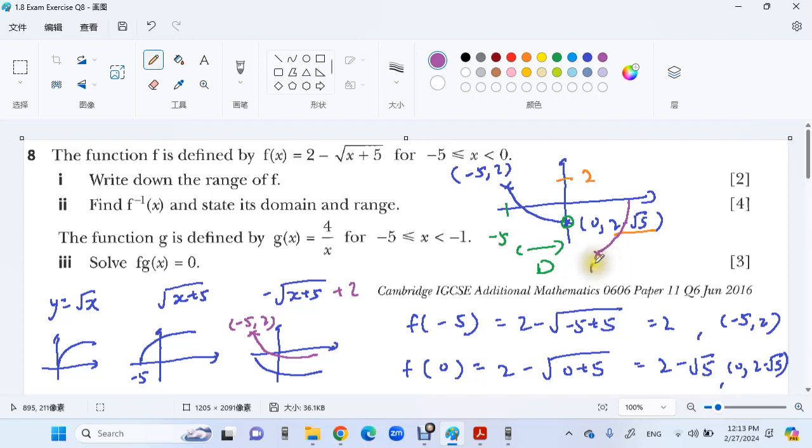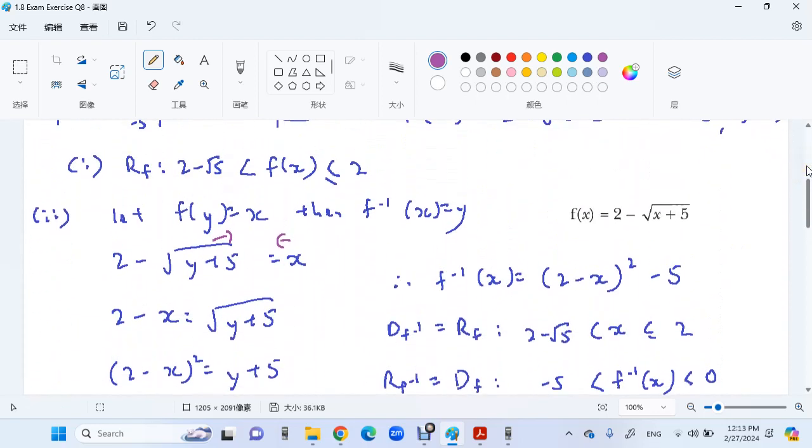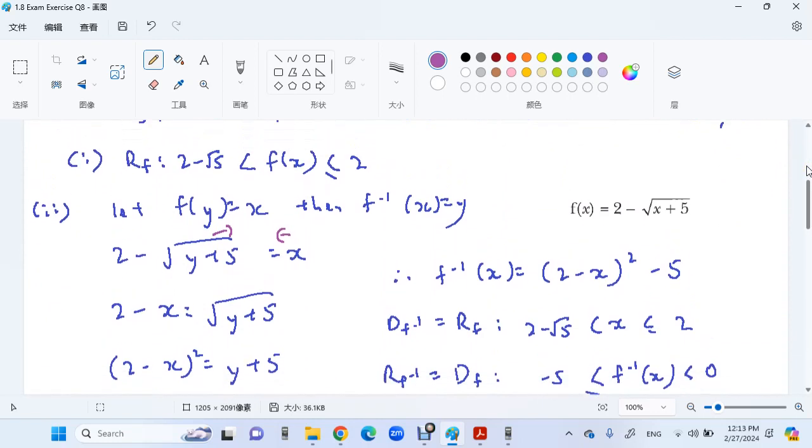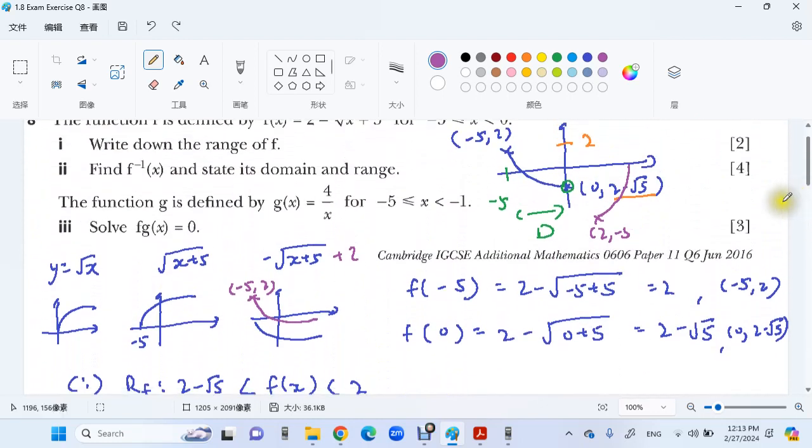Oh, wait, it should be something like this. Okay. So we have the 2, negative 5. And this is 2 minus square root 5, 0.